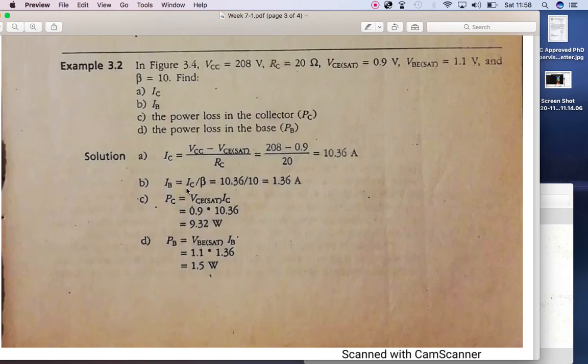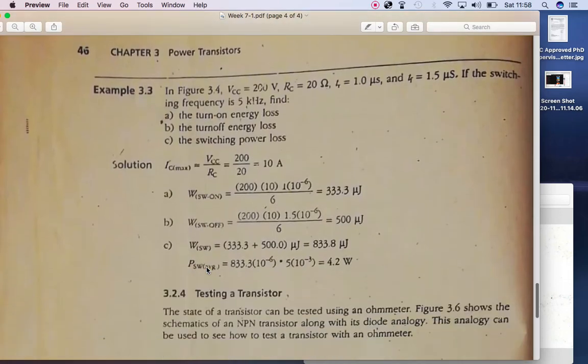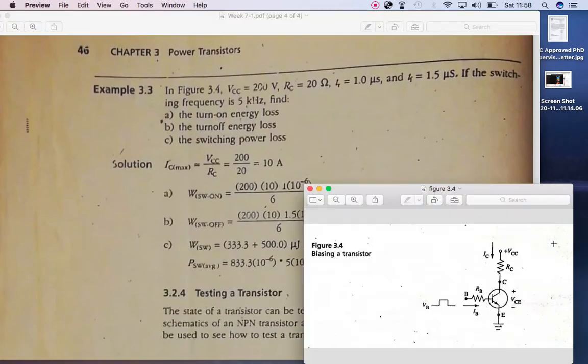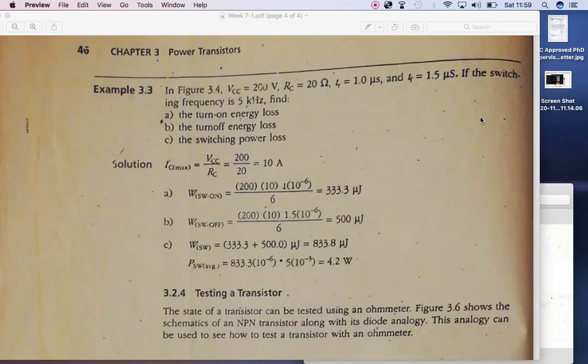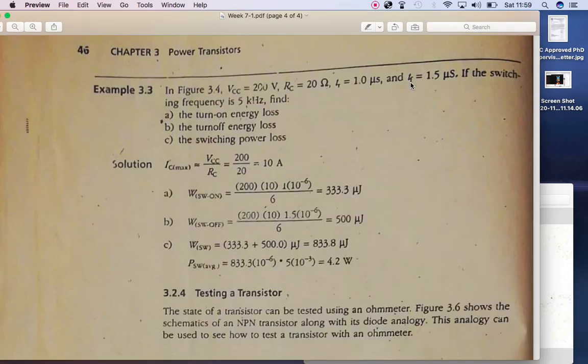This one is the formula by which we can calculate the maximum value of IC. So what we are doing over here is firstly calculating the value of IC max by putting the value of the biasing voltage, which is VCC, and then RC. Then we have the value of IC max as 10 ampere over here.